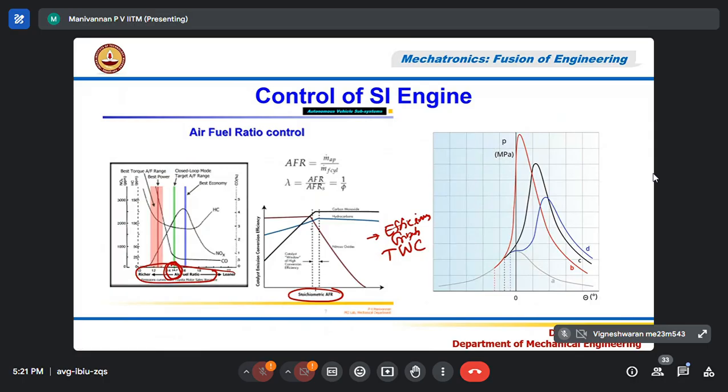Okay, so you can see the catalytic converter efficiency on the y-axis, and the air-fuel ratio on the x-axis, for example, 10:1 to say 20:1. At the stoichiometric air-fuel ratio only, the efficiency of the catalytic converter is maximum. Say this is 100% efficiency, and this is 50% efficiency, y-axis 0.